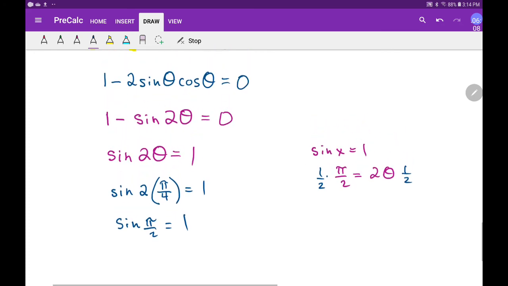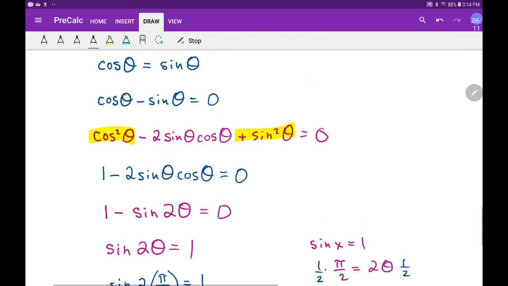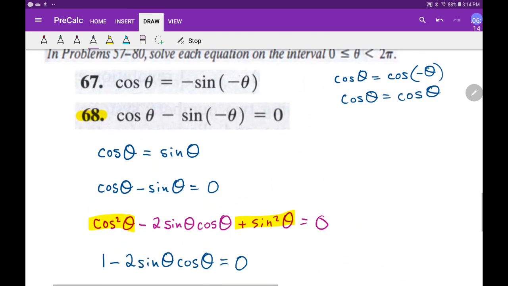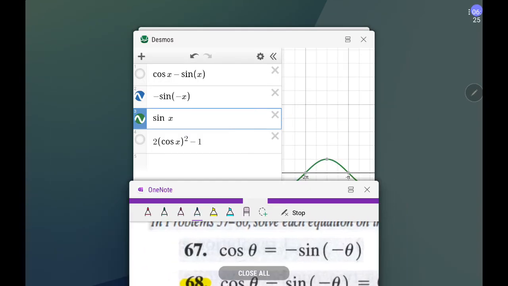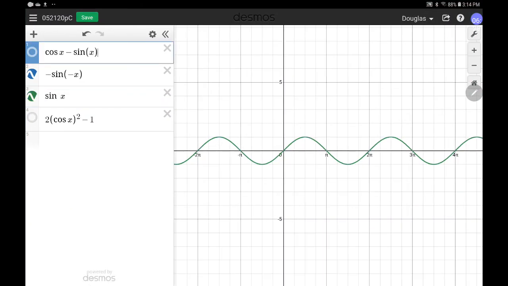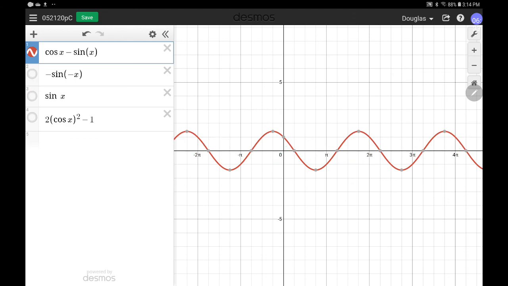Let's go over there and let's see what our graph says, and we'll try to wrap our minds around it based on what the graph says. So I'm just going to go ahead and type in that: cosine theta minus sine theta. And there it is. Okay, I'll get rid of these guys. You see right here, that is a point there, and there's a point. Okay, so it happens again because we've shortened it.